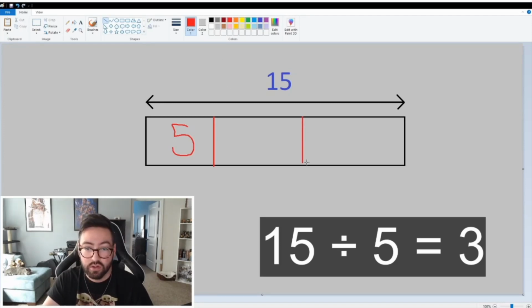So I'm going to draw another line and put another group of 5. So now I have 5 and 5 is 10. I don't have 15 yet, so I'm going to add another group of 5. 5, 5, and 5. Now that equals 15. So now that I have 15 total, I see how many groups of 5 are there. There's 1, 2, 3. That's another way that you can use a strip diagram to show division.